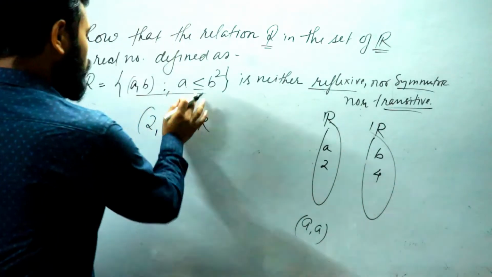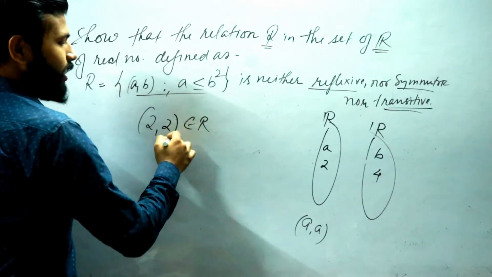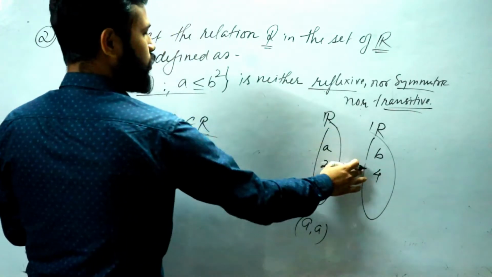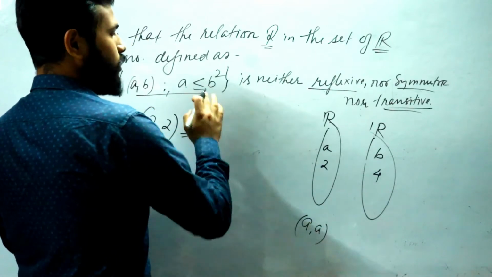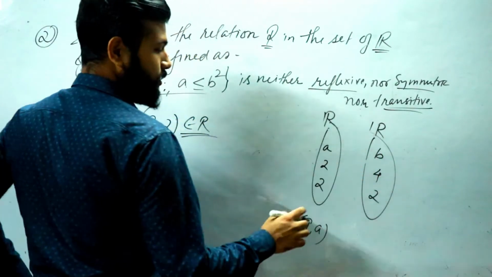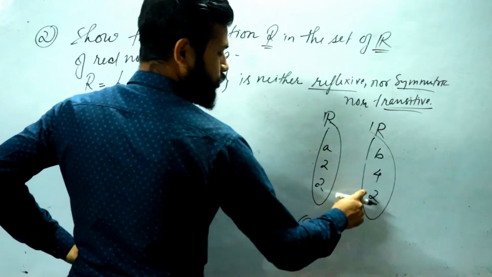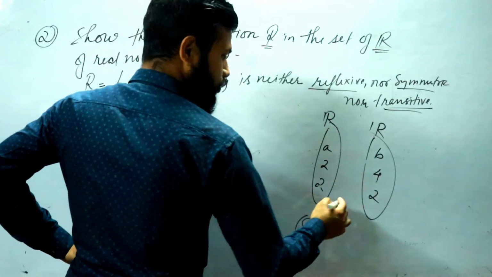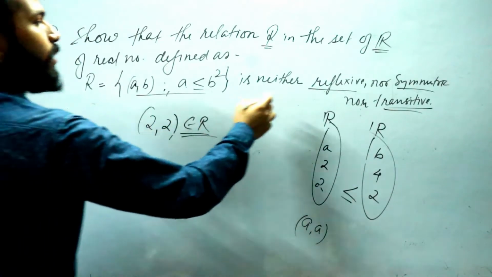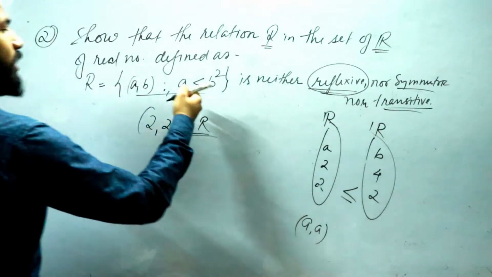For example, 2 comma 2 exists in this relation, because if I take 2 here, I can take 2 there also, since the square of 2 is 4, and 2 is less than 4. So this exists, but we have to find such an example which does not exist in it.